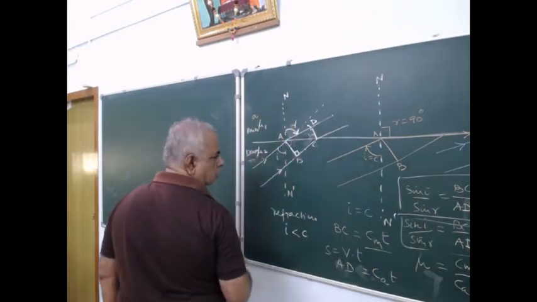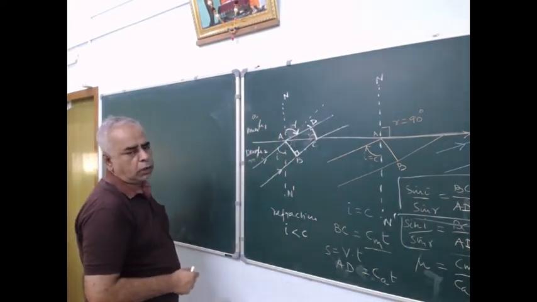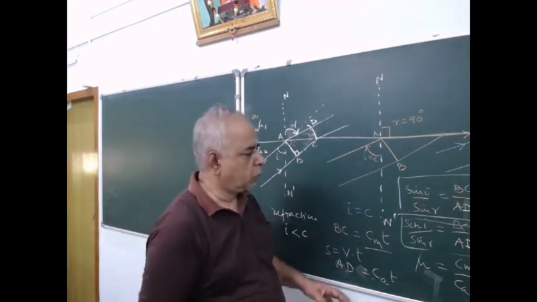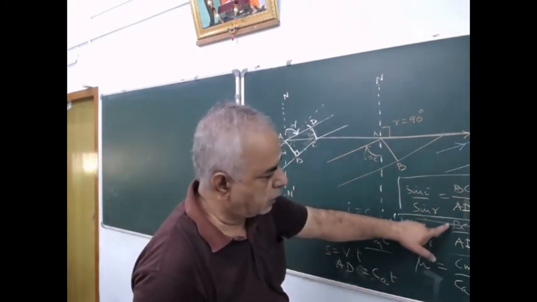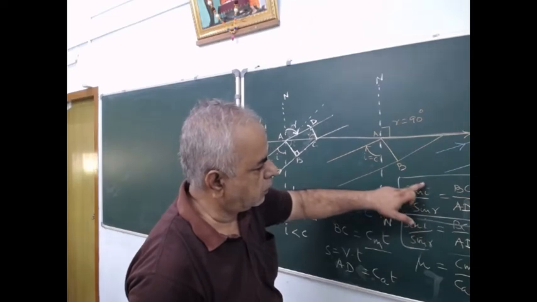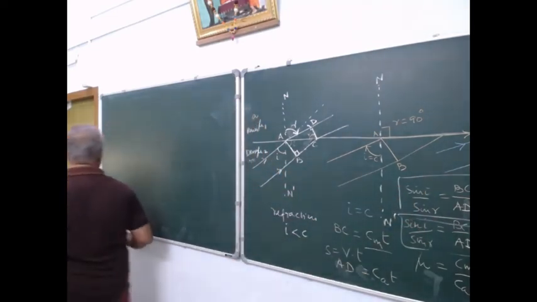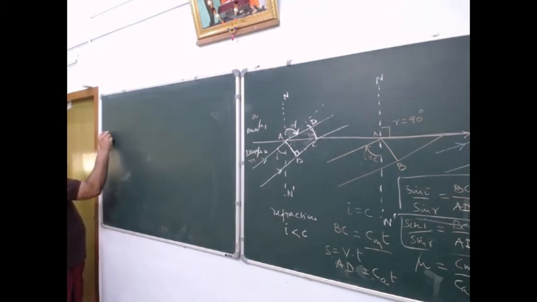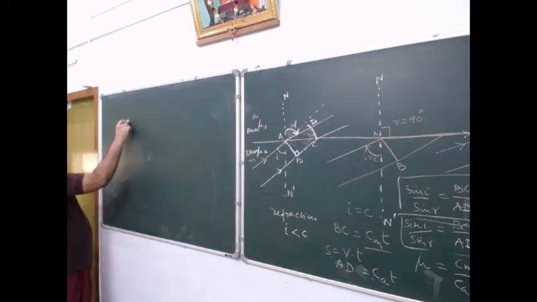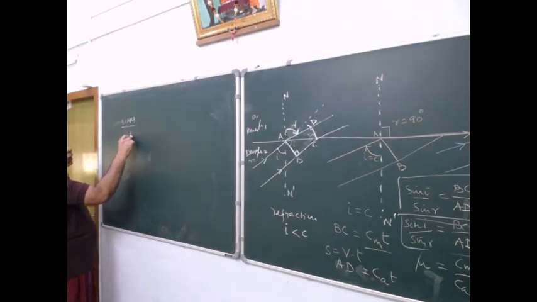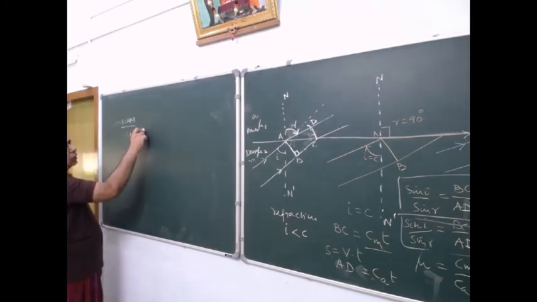What is sin I by sin R? Here let me talk about AD and AC. There are three cases. One is AD is less than AC.